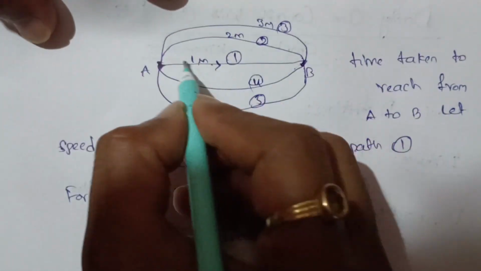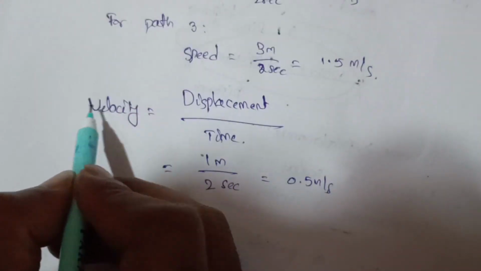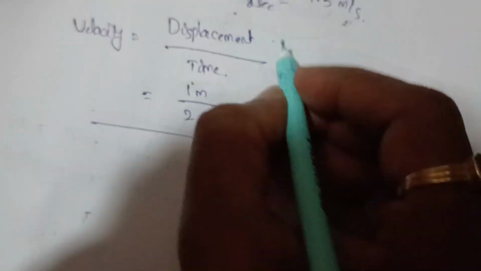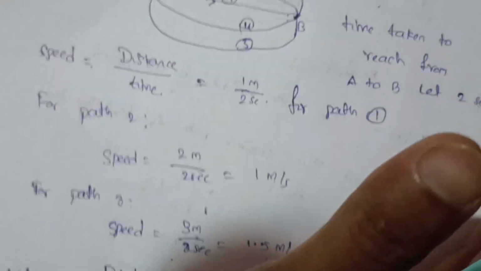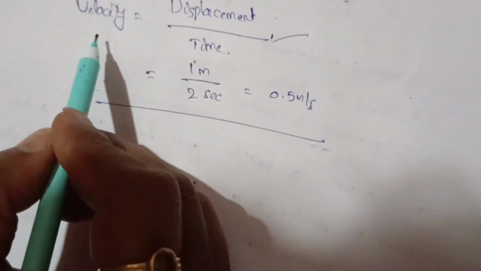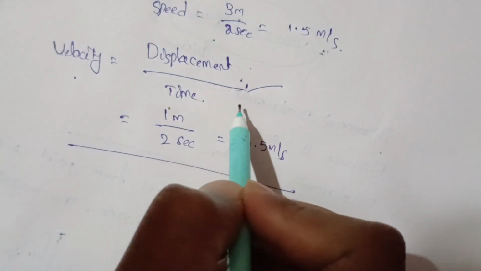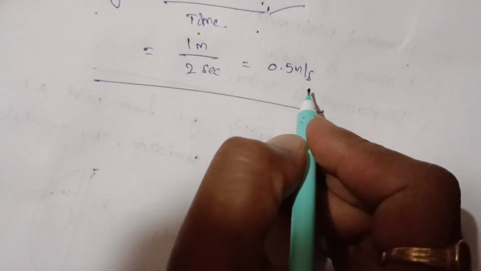But if we are going to find velocity, that is displacement by time, then we can only consider the shortest path traveled by the object, that means 1 meter per 2 seconds. This is the only answer, because velocity is a vector and it is displacement by time. So for speed you can consider whatever path it goes, but for velocity you have to consider the shortest path by the time taken, 0.5 meter per second.